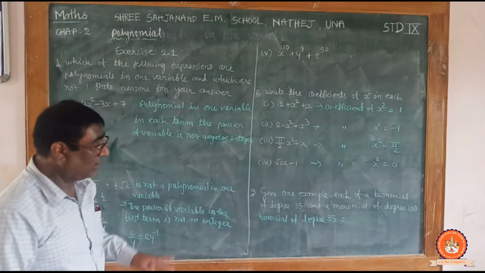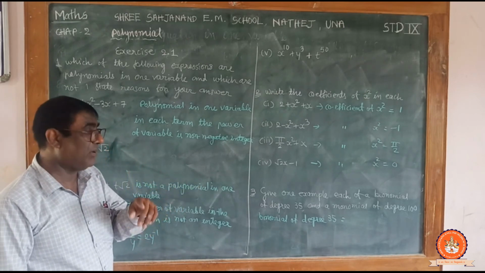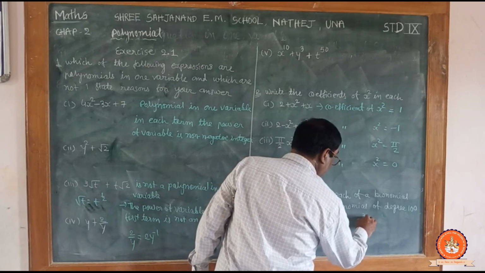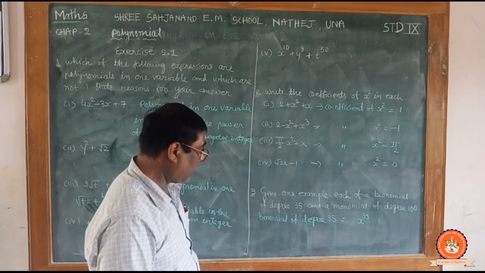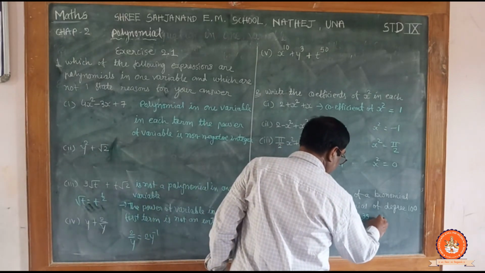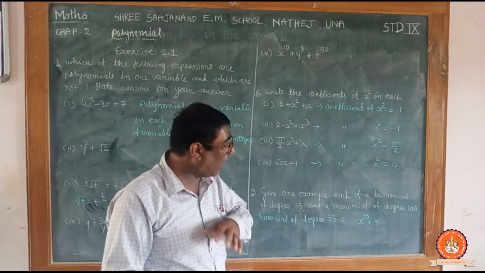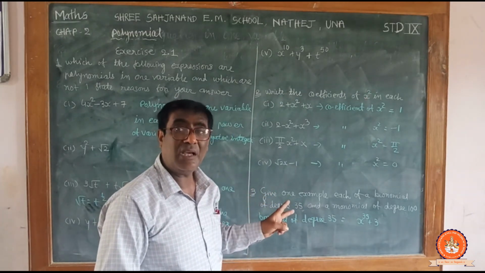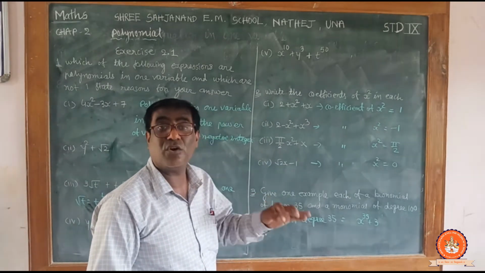Binomial means there should be 2 terms, and degree 35 means the maximum power of the variable should be 35. So x raised to 35, and there cannot be a term of higher degree. To make a binomial we need one more term, so we can give anything, say 3, or any term with power less than 35. There must be 2 terms to make it a binomial, and the maximum power of the variable must be 35, not more than that.